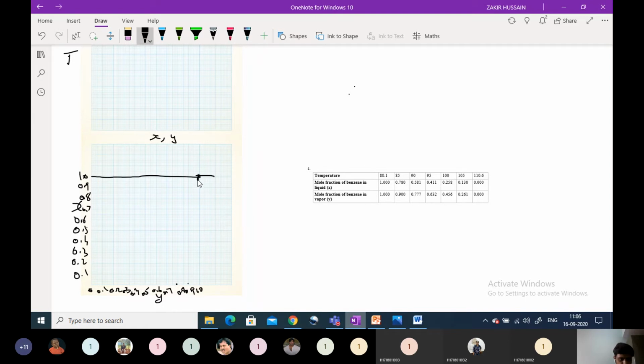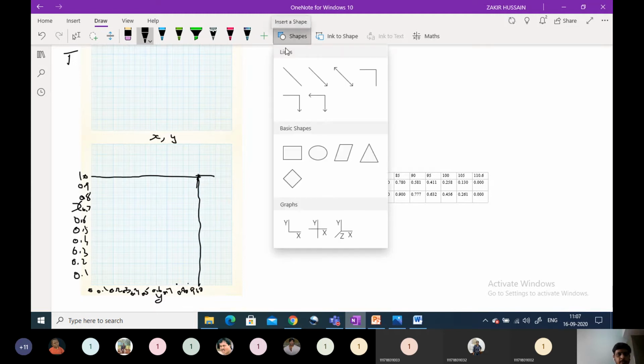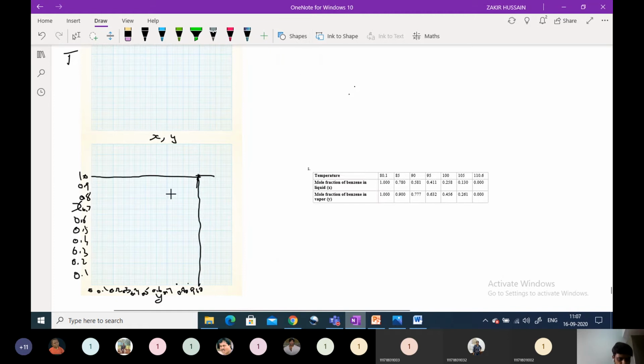Up to here it will come, a square box. Okay, after this we can connect using the straight line. This is called a diagonal.